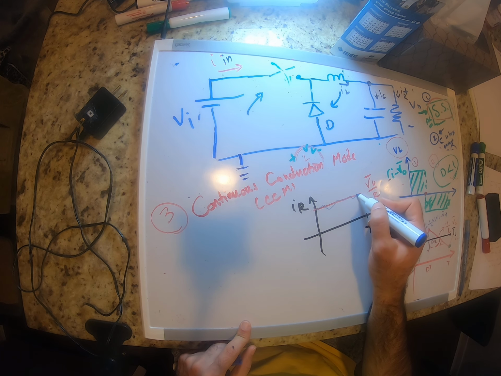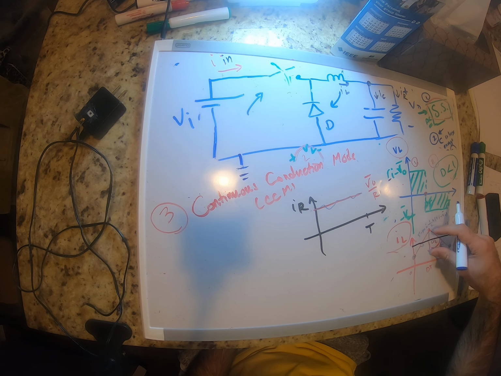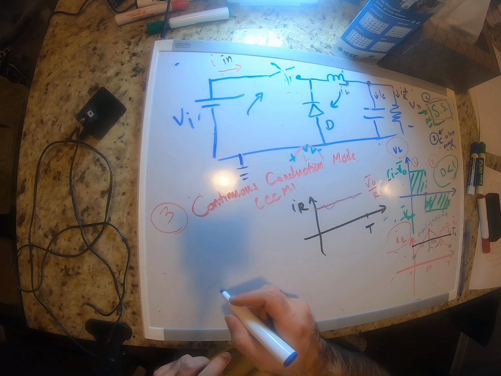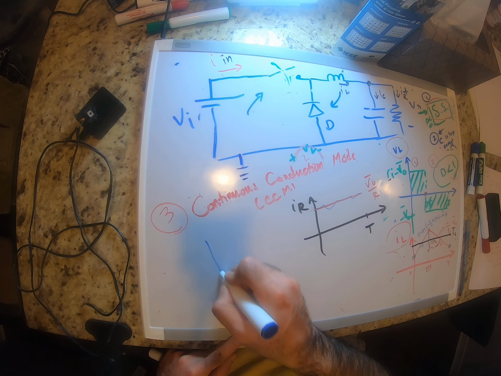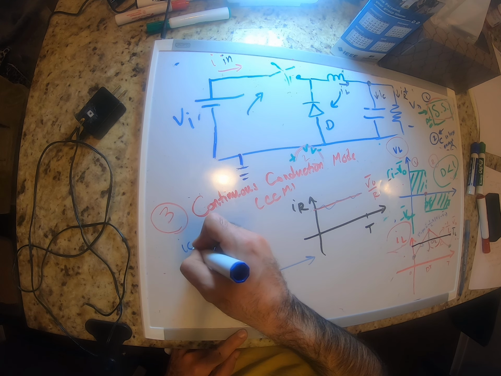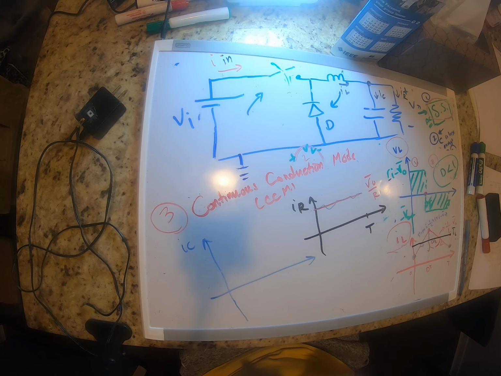It has some ripples, but those ripples are very small, again not comparable to the inductor current's ripple. Okay, now what if I want to draw the capacitor current?